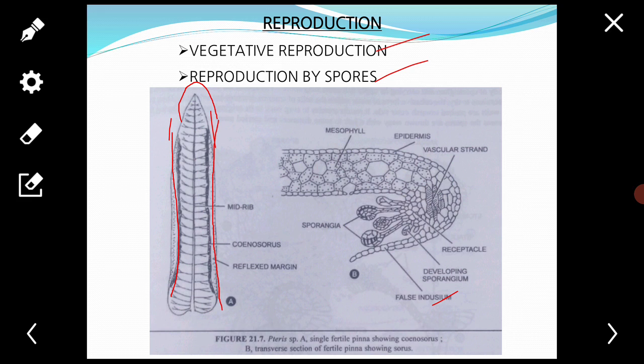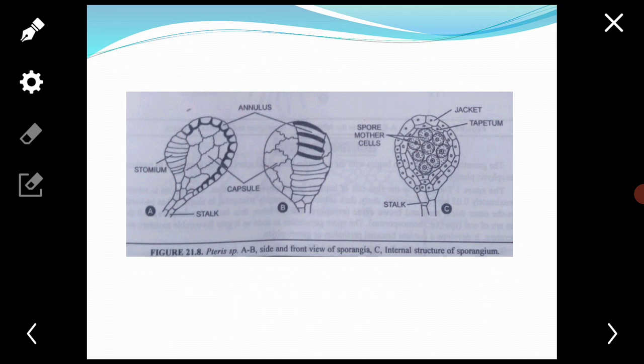Structure of mature sporangium. The mature sporangium is differentiated into stalk and the body or capsule. The stalk is long, cylindrical, multicellular, and consists of three vertical rows of cells.